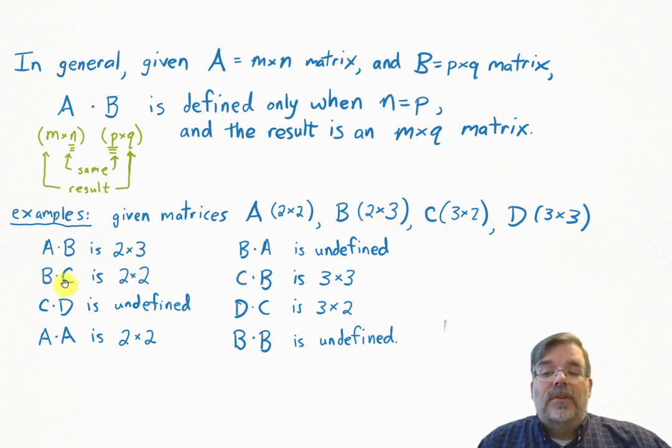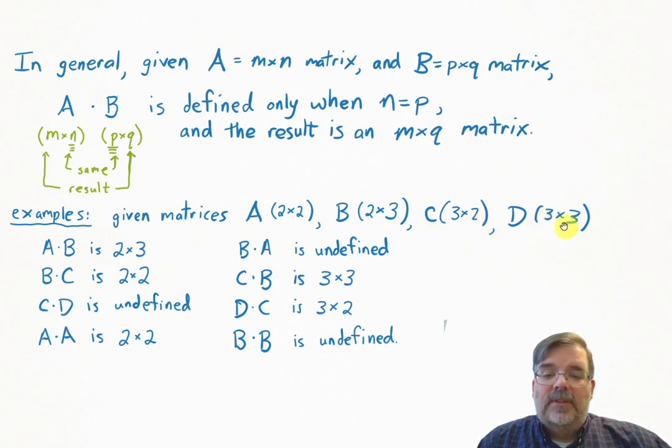Meanwhile, if you reverse the order of B and C, in this case, it's still defined, and you get a different size matrix. Right? If you multiply C times B, C comes first, so this 2 matches that 2, so the dot products are compatible, and the result is 3 by 3. If you try to multiply C times D, the result is undefined.